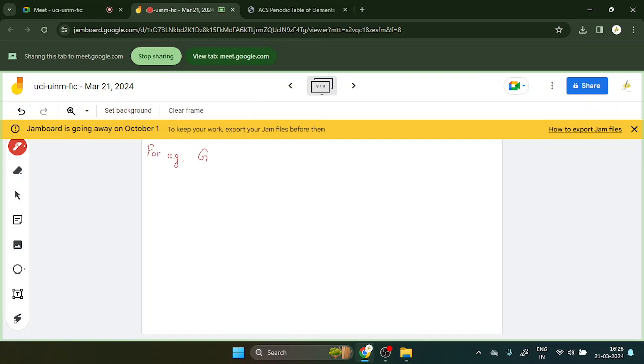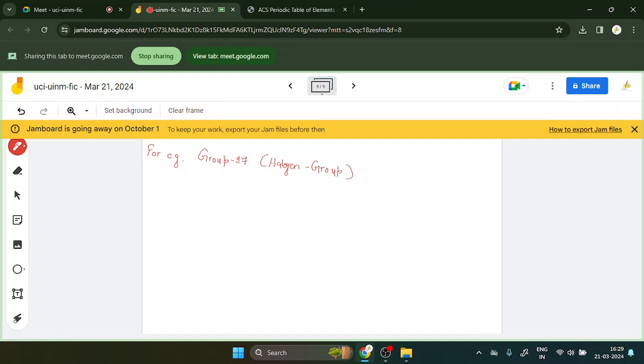Group 17 is also called the halogen group. And what are the elements inside this group? Fluorine, chlorine, bromine, iodine, right? These are the elements there. So if you look at all the halogens, how many electrons do they have in their outermost shell? Tell me.